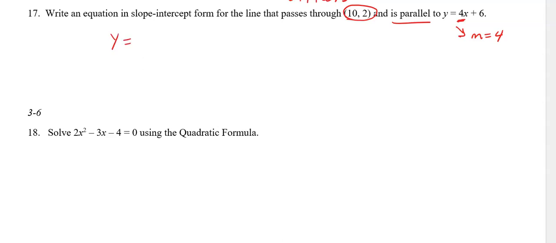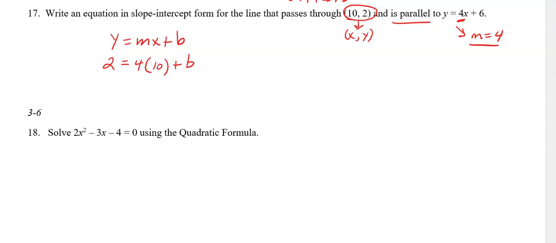So if I'm writing an equation that represents a line for us, that means y equals mx plus b. So this point that I'm given tells me what x and y will be in this equation. And I already found out what m is, so really this just amounts to finding b. Let's find b, plugging these numbers in. So y is 2, m is 4, x is 10.